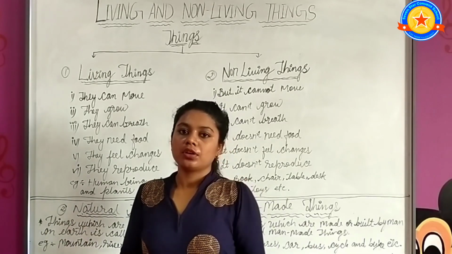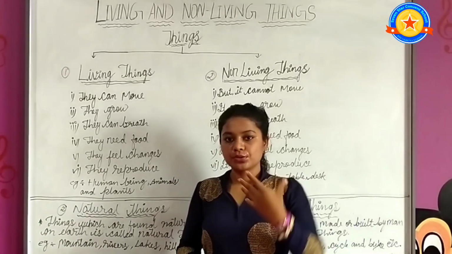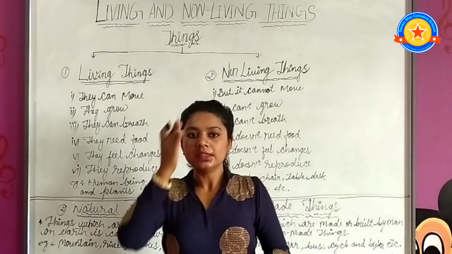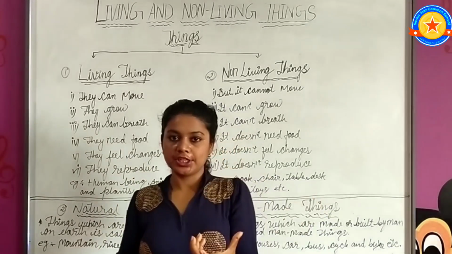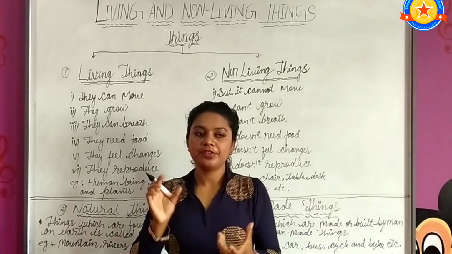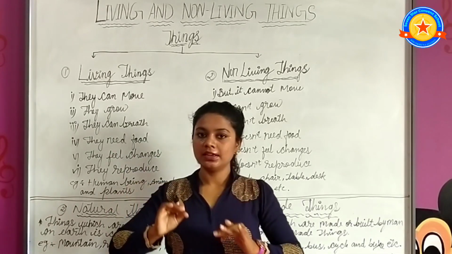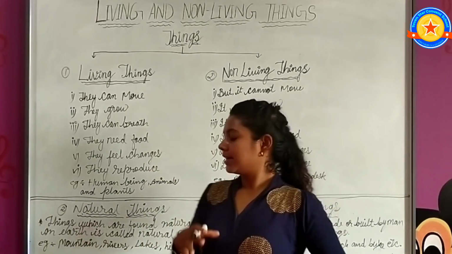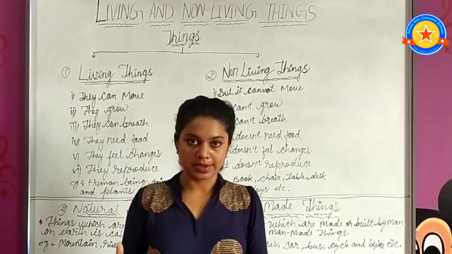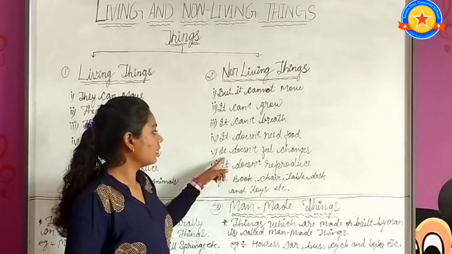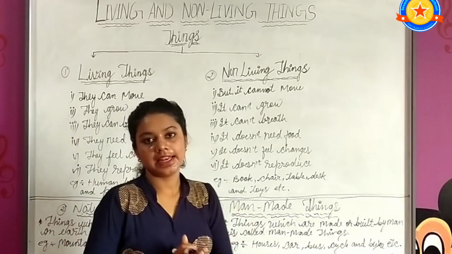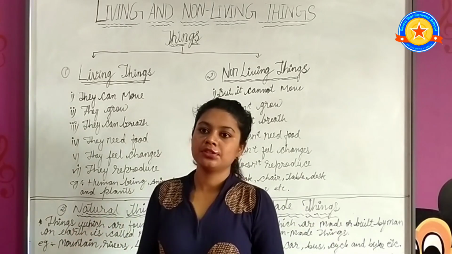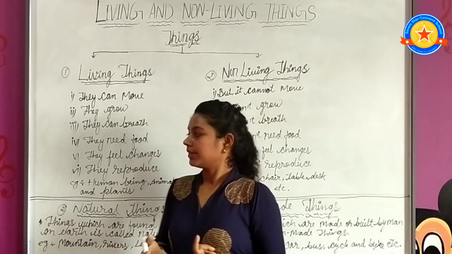And the Mimosa plant is called the touching plant. If we touch the leaves, it will close. This way living things feel different changes in them. Non-living things do not feel any changes because they are made of wood or cement or anything else.